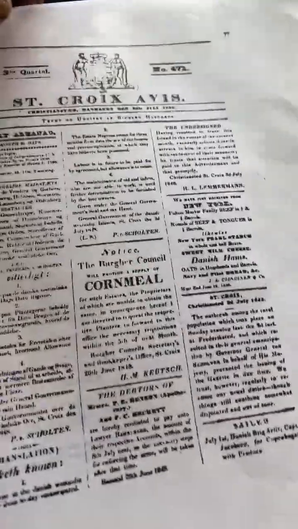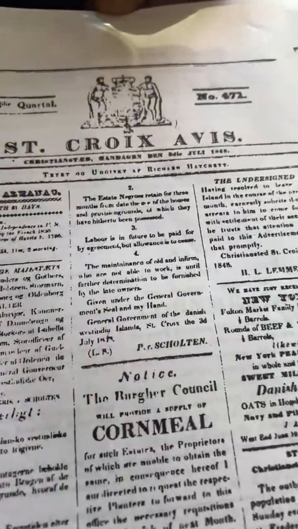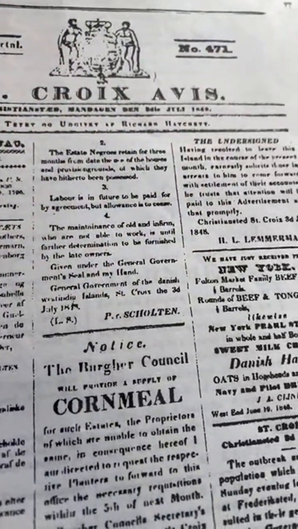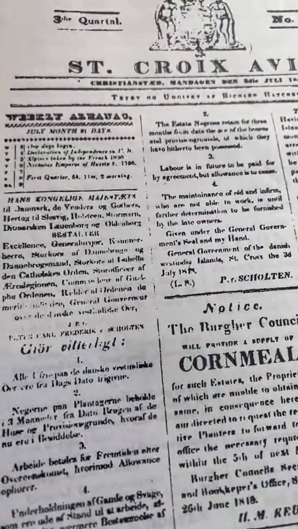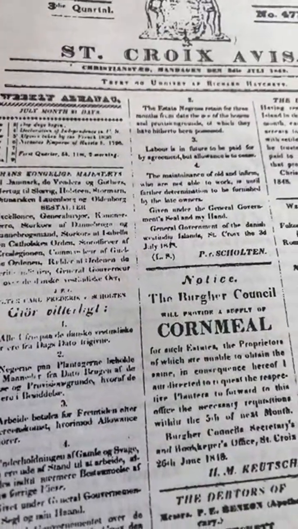This here is actually a newspaper article, a print from the St. Croix Avis of 1848, and it's basically an announcement that the governor of the Virgin Islands has signed the decree to free the slaves of the Virgin Islands.